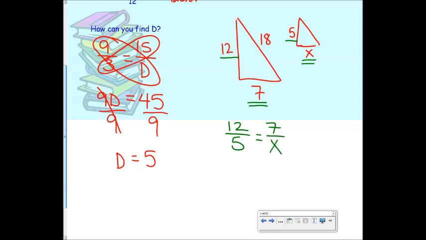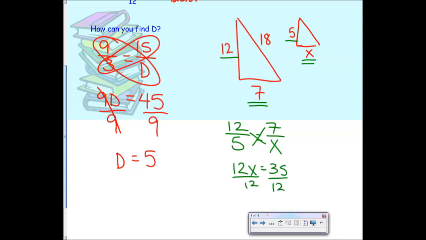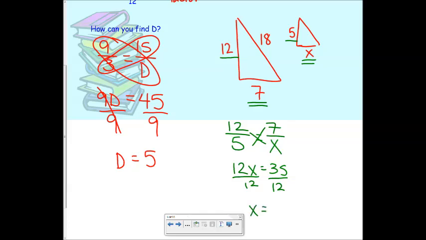So then what would I do? Cross multiply, which is going to give me what? Good. And how would I finish? Divide by 12, and you end up with x equals 2 and 11 over 12, or whatever decimal. I don't know what decimal that is. 2.91.